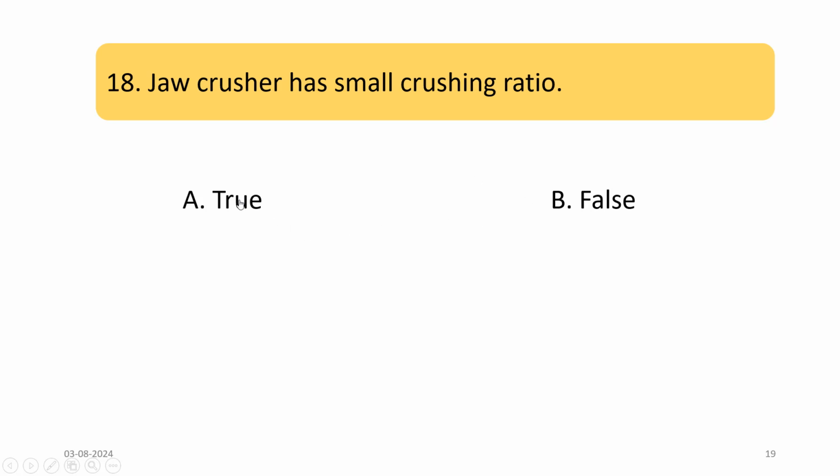No, it is true, because it is one of the disadvantages of jaw crusher. If you see the disadvantages list of the jaw crusher, you can find that it has lower productivity, high power consumption, bigger vibration, uneven particle size, and the last one is the small crushing ratio. So it is true.